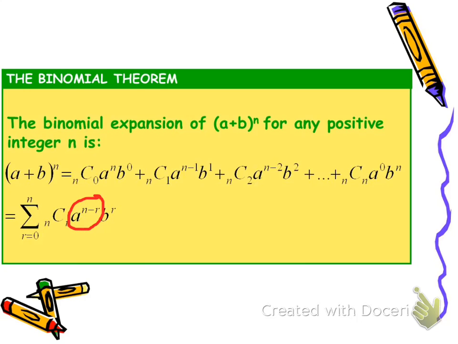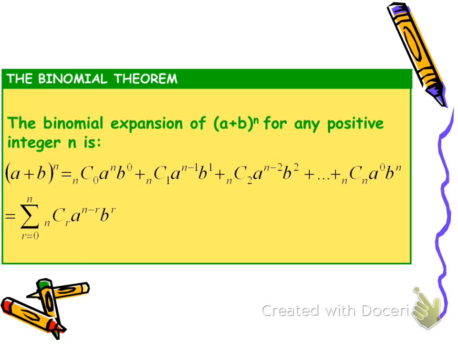With our a term, what we have is a raised to the n minus r power, which means that we would have our upper limit minus our index. So n minus r, so first it would be n minus 0, then minus 1, then minus 2, minus 3, so that this exponent is decreasing all the way to 0 for the last term.